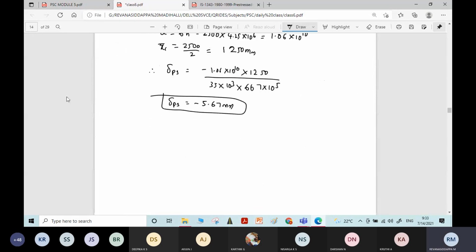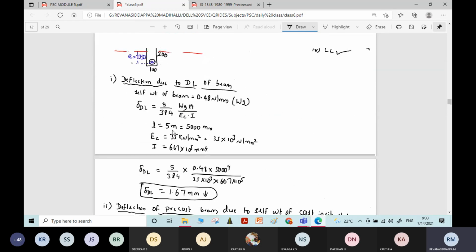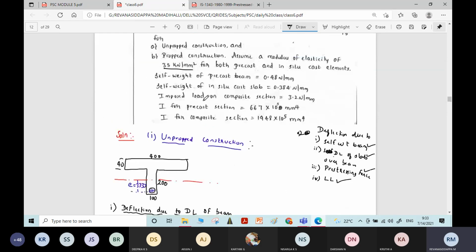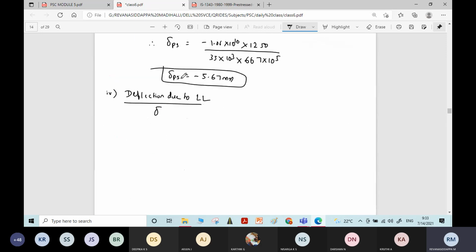Write the heading as fourth one, deflection due to line load. The line load on the beam is given as UDL, the imposed load on the composite section, 3.2 Newton per mm. For line load, the formula is the same.